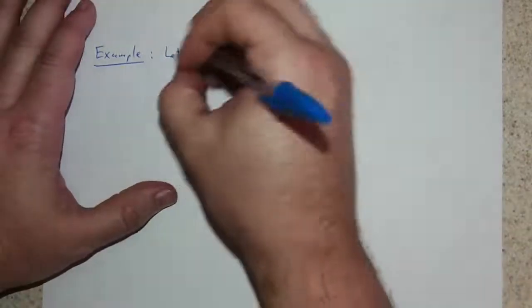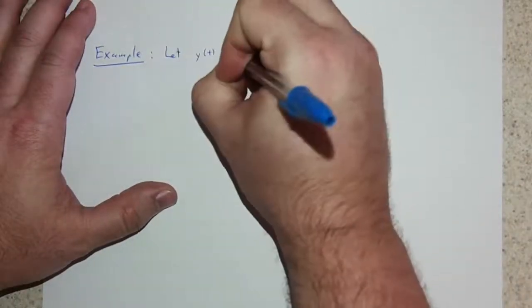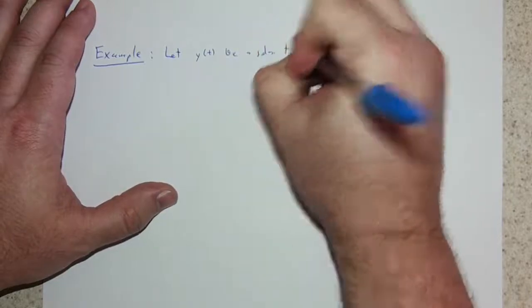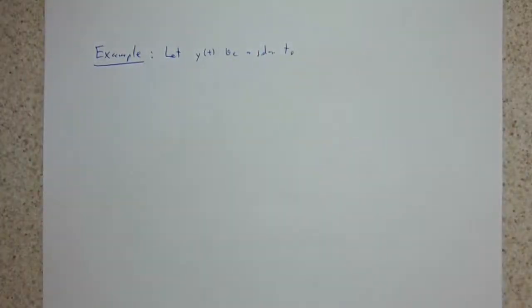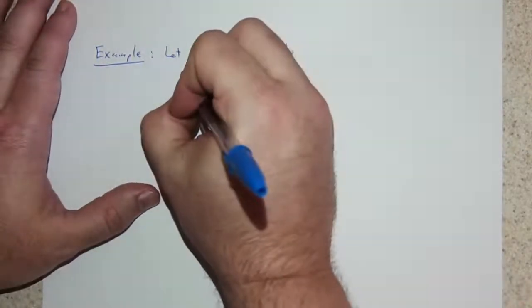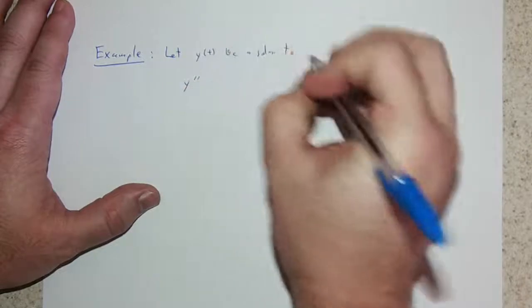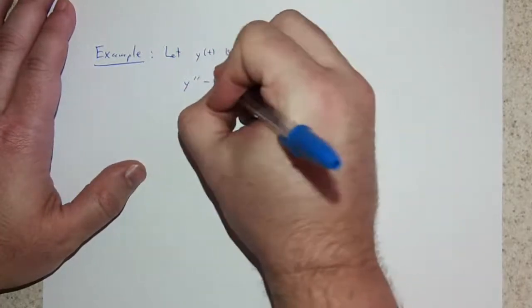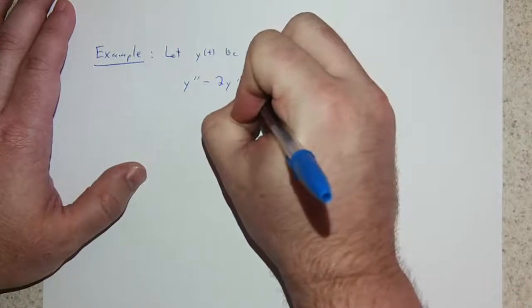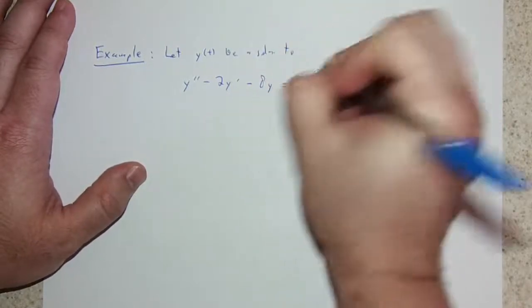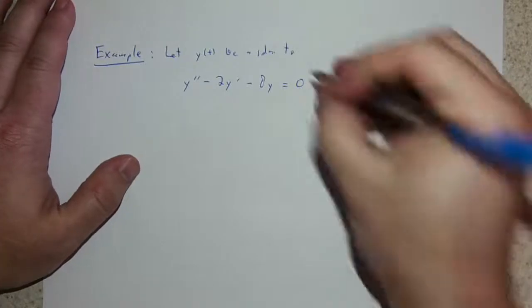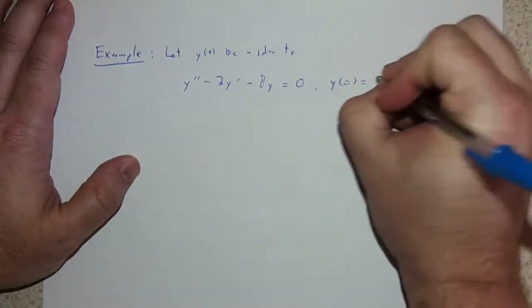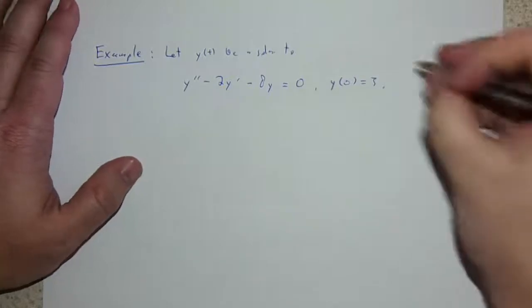Let y of t be the solution to the IVP: y double prime minus 2y prime minus 8y is equal to 0, with y of 0 equal to 3 and y prime of 0 equal to 7.